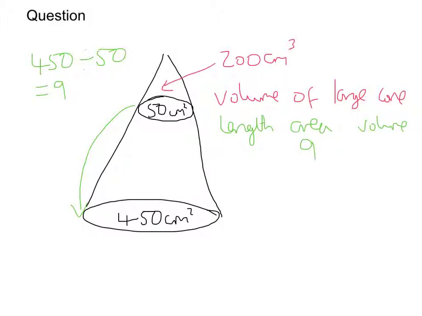Now we need to square root that to find the length, which is 3, and that means that the volume is 3 cubed, or 27 times bigger. So to work out the volume of the large cone, we'll do 200, which was the small one, multiplied by 27, and that will give us an answer of 5,400 centimetres cubed.